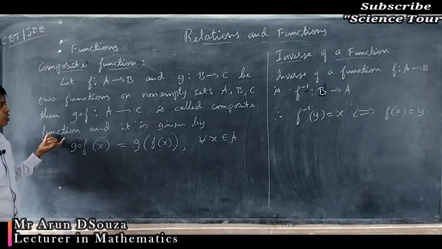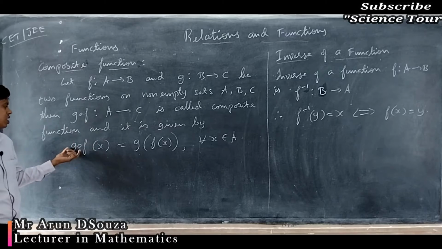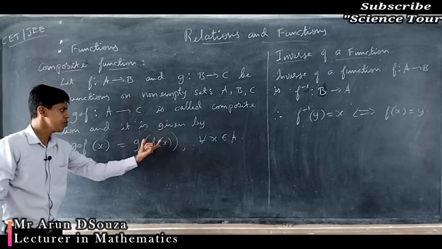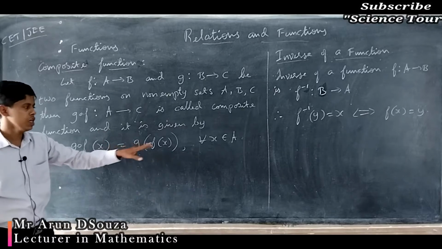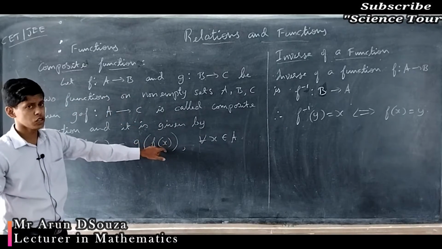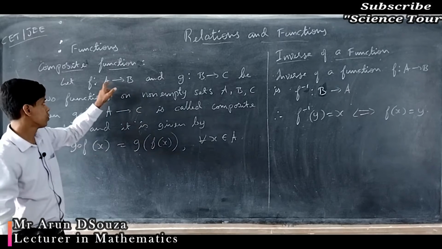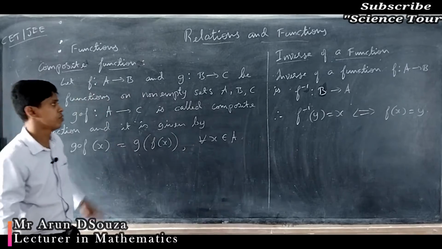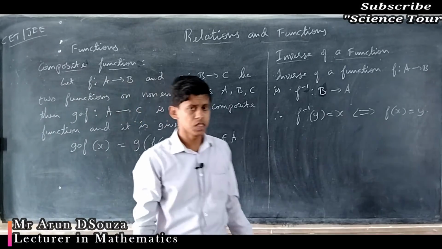It is called composite function, and it is given by gof, that is nothing but g of f of x for every x belongs to A. So from where do you select the values of x here? From the set A, domain of f. So that is about the composite functions.